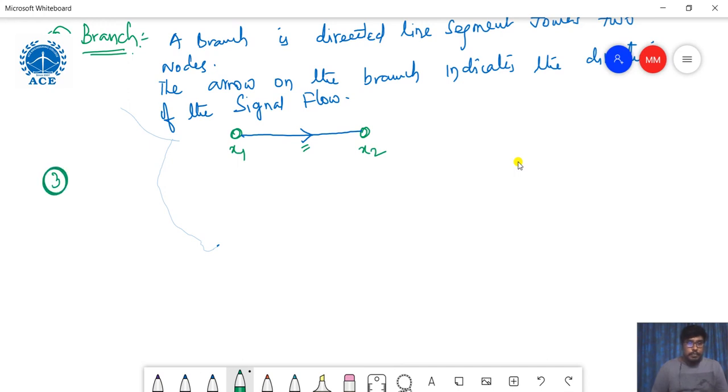Third one we'll see, transmittance. The next term is transmittance. The gain acquired by the signal when it travels from one node to another node is called transmittance.